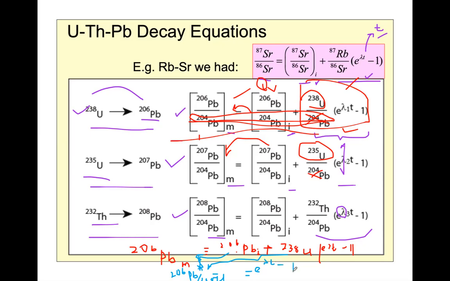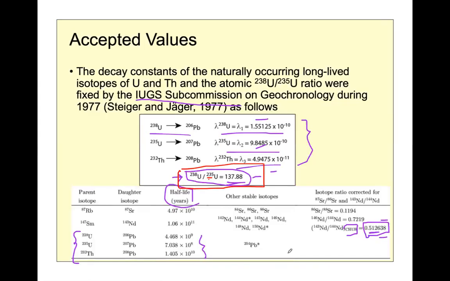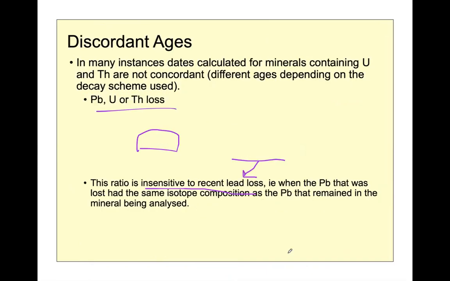Okay, so instead of this e^(λt) minus 1 term, you can replace it by 206 star divided by 238 uranium. Okay, so you can do that here.